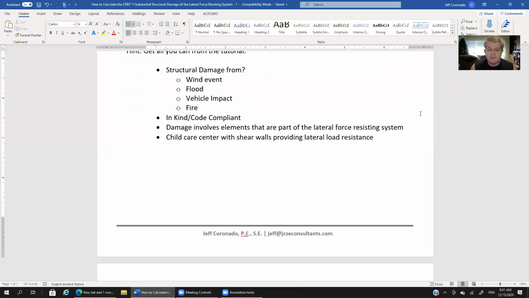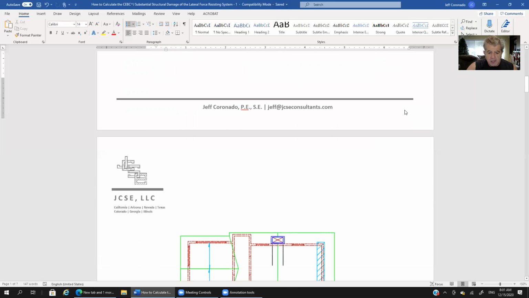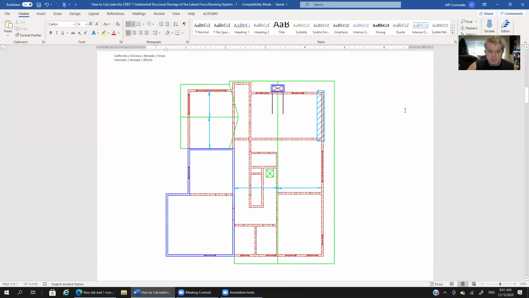We have a child care center, and it has shear walls for its lateral load resisting system. Okay, so this is a floor plan. Actually, this is the roof plan of this child care center. Here in cyan, in this area, you can see that we have highlighted a portion of shear wall that has been damaged.